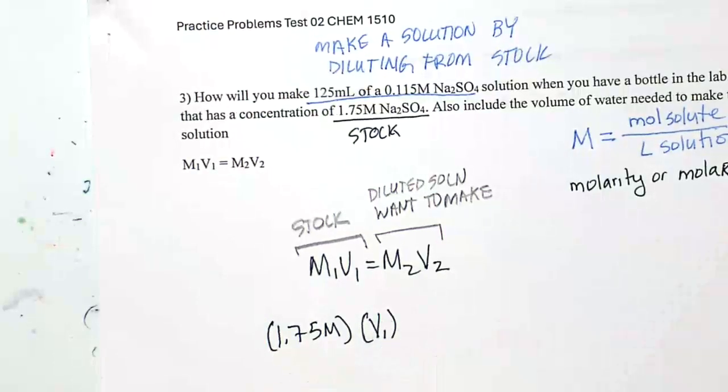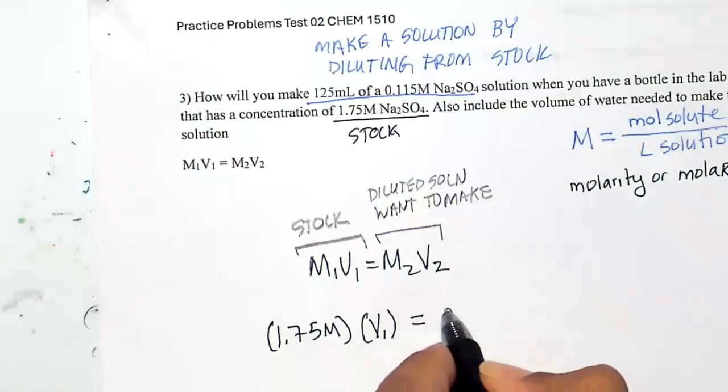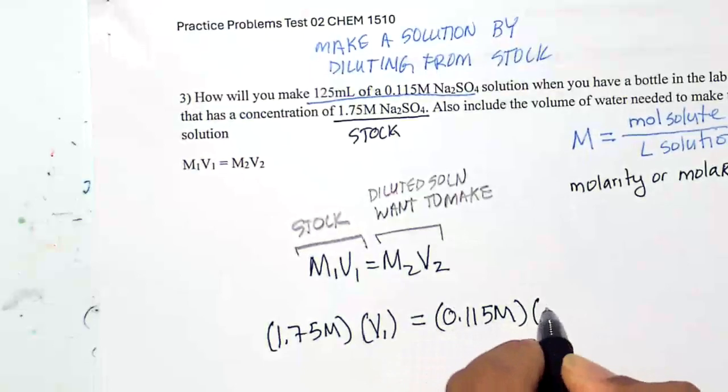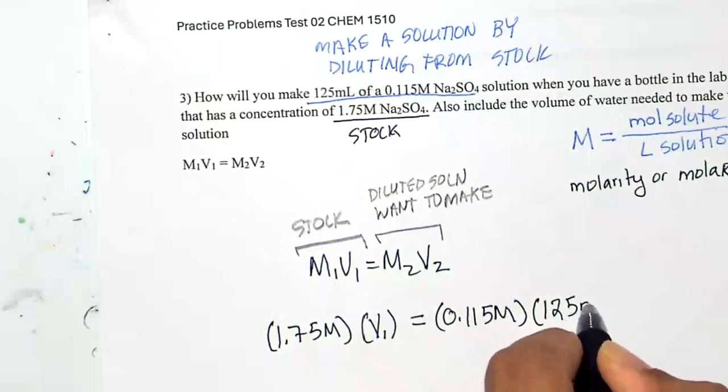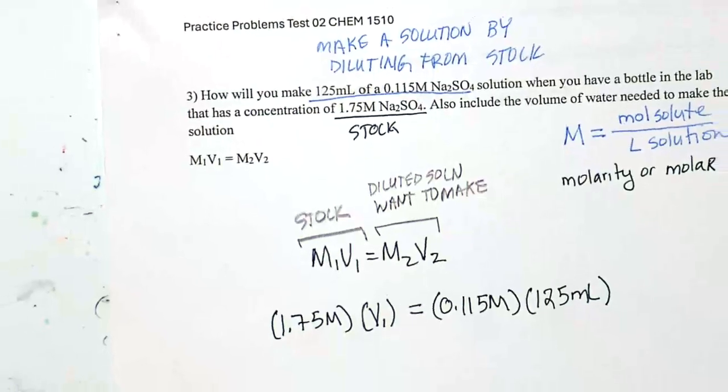Out of that we'll take a certain volume from the stock. How much? And then we're going to make a new solution whose diluted concentration is 0.115 moles over liter, and our total volume, we want to make 125 ml of this.